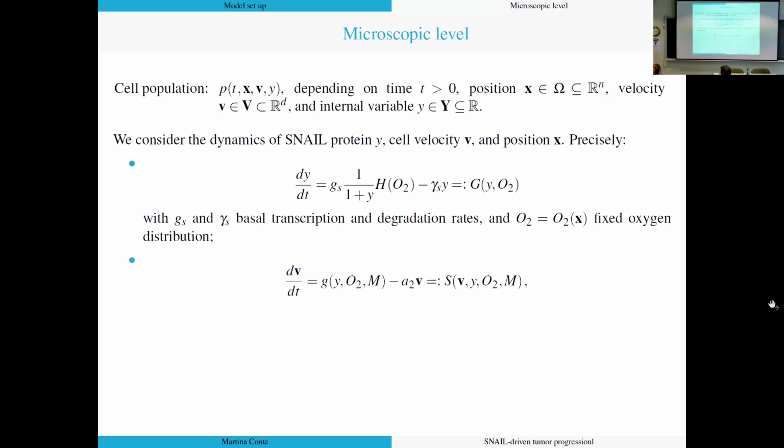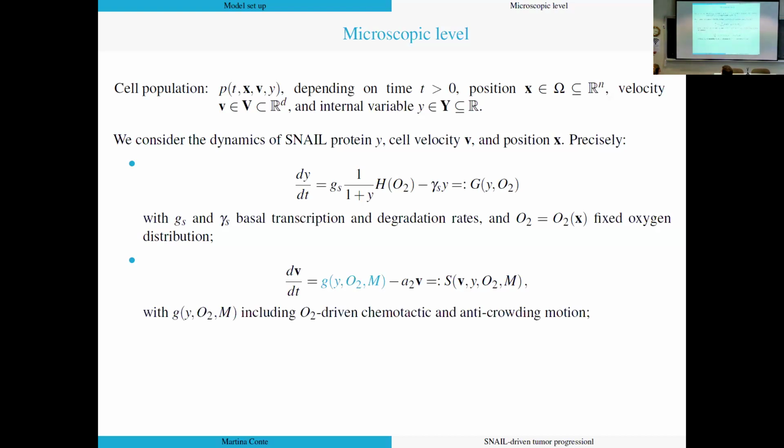For the velocity of these single cells, what we model are simple acceleration and deceleration of cells. The deceleration is kind of natural, while the acceleration part is described by the function G. This function G includes 2 different mechanisms. There is a chemotactic force driving cells to move towards increasing gradient of oxygen, and there is an anti-crowding mechanism. That means if I'm in an area too packed, too dense, with too many cells, I try to move far away from it.